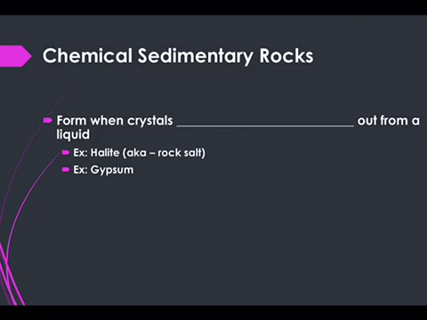There can be chemical sedimentary rocks, and this forms when crystals precipitate out of a liquid. So an example would be halite. This would be your salt that gets dissolved in water, and when the water evaporates, it leaves behind halite, and another example of a chemical sedimentary rock is gypsum.